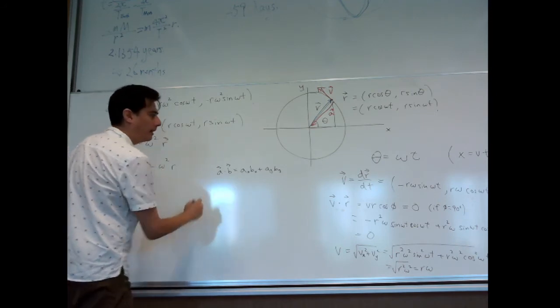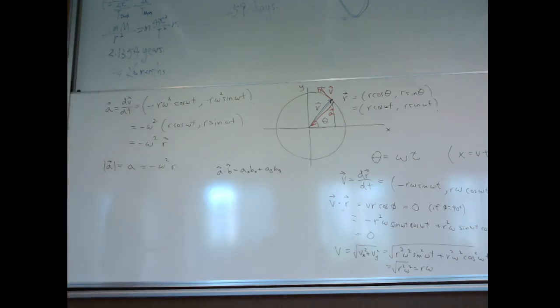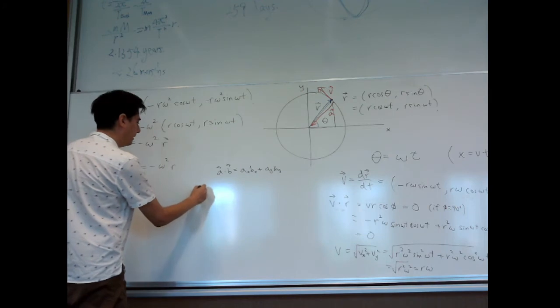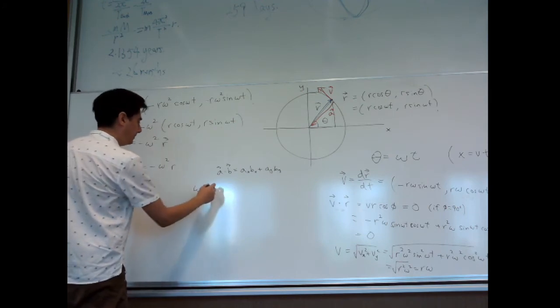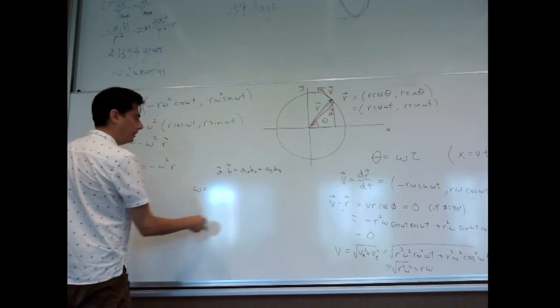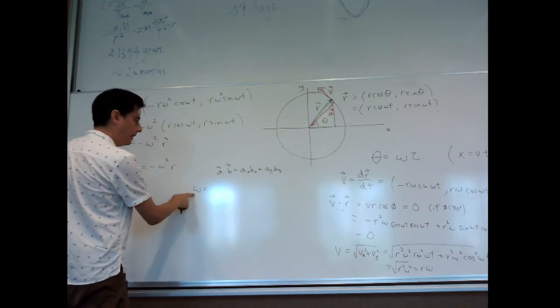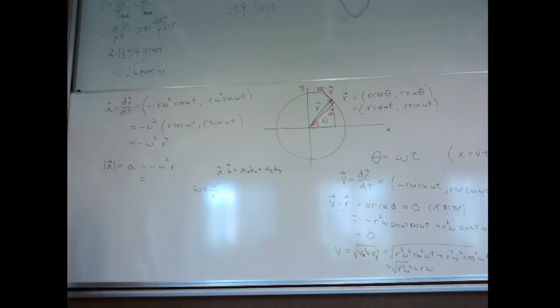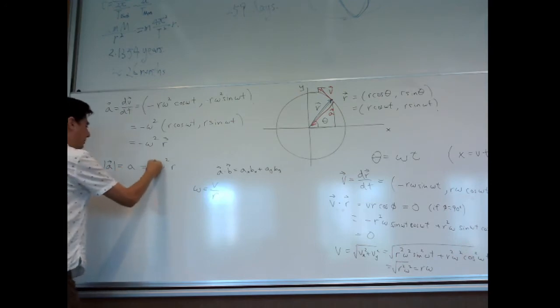So let's get rid of omega and write it in terms of V. So omega is actually V over R. So we're doing magnitudes, so there's no more minus.